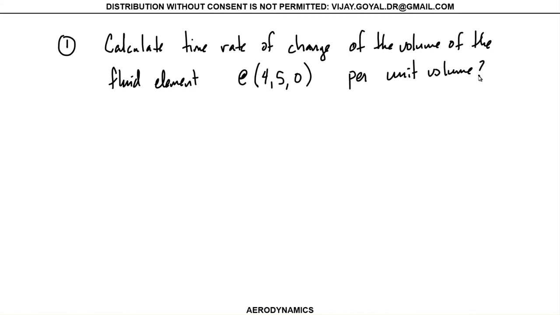Now, if you remember from your notes, we defined that the rate of change of the volume was given by the following equation. We showed that 1 over the volume times dV/dt was equal to the divergence of V, this dot v.